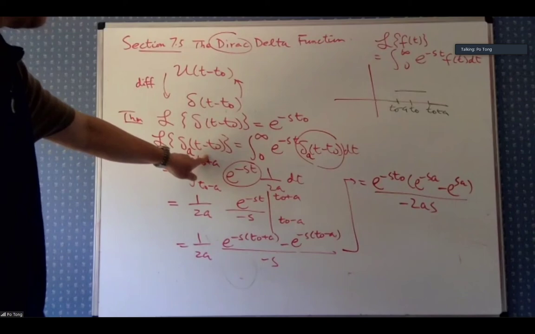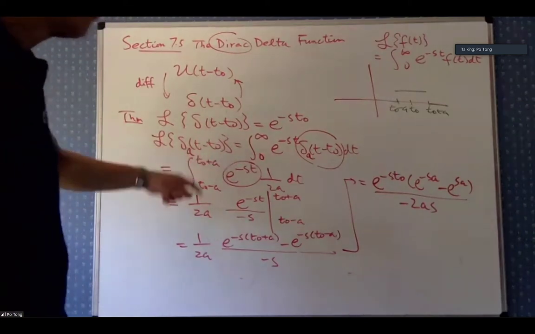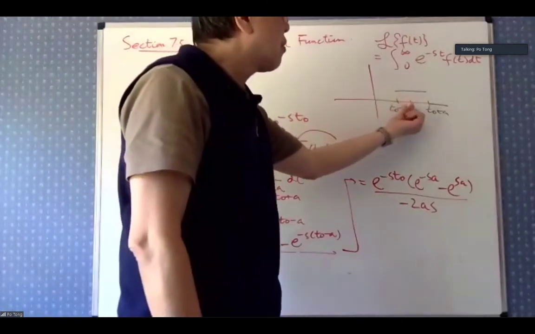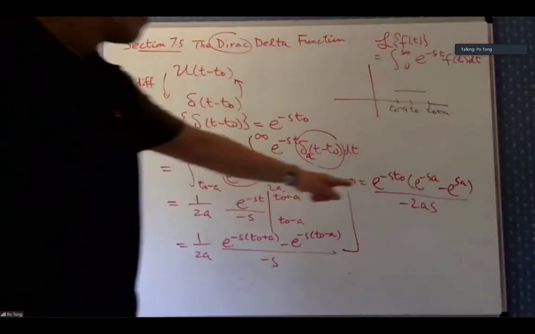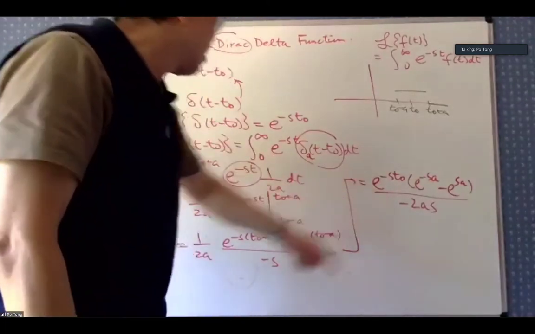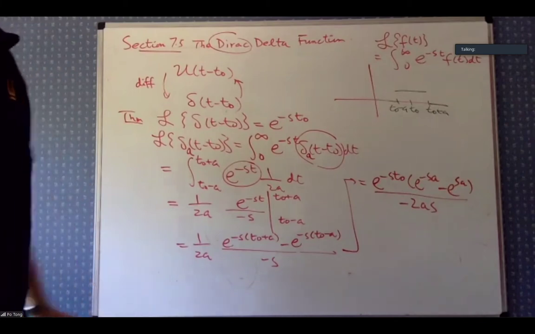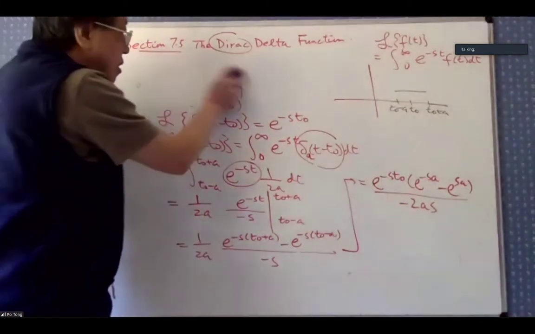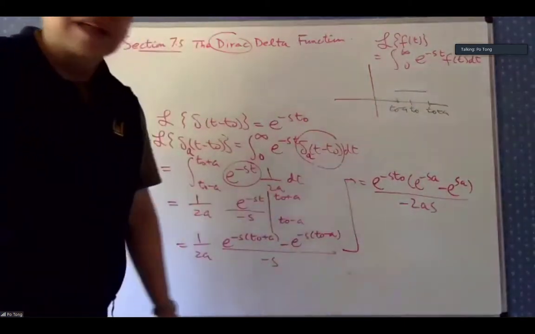Now next, I actually need to take the limit as a goes to 0, because I want the function which has the spike. So we're going to take this limit as a goes to 0. Any questions so far? This is just a bunch of computation from the definition of the Laplace transform.